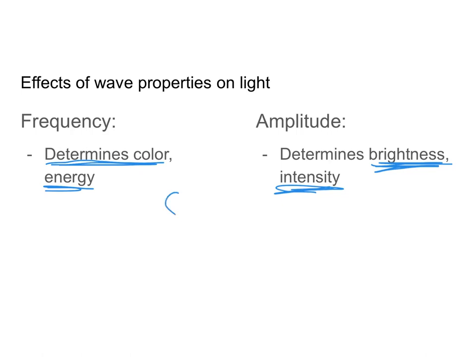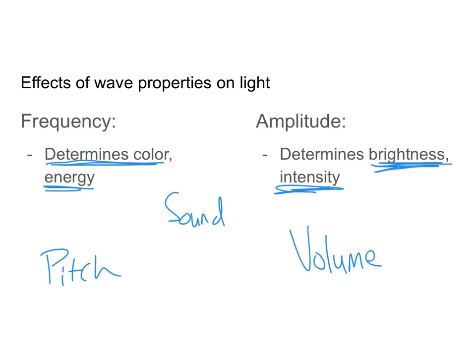So if I compare this to sound, if I change my frequency, that affects my pitch, and if I change my amplitude, that affects my volume. It's all about how much energy those waves are transmitting. I hope that this helps to understand how the properties of waves affect the energy.